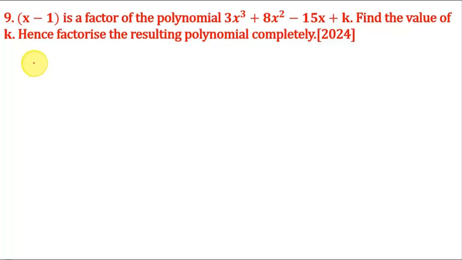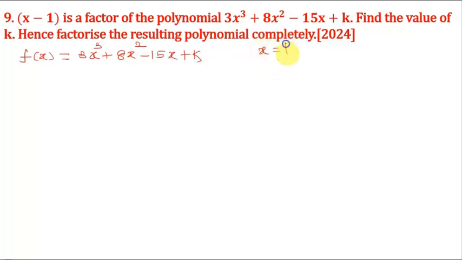Now, as x minus 1 is a factor, therefore first of all we have the polynomial f of x is equals to 3x cubed plus 8x square minus 15x plus k. x minus 1 is a factor.